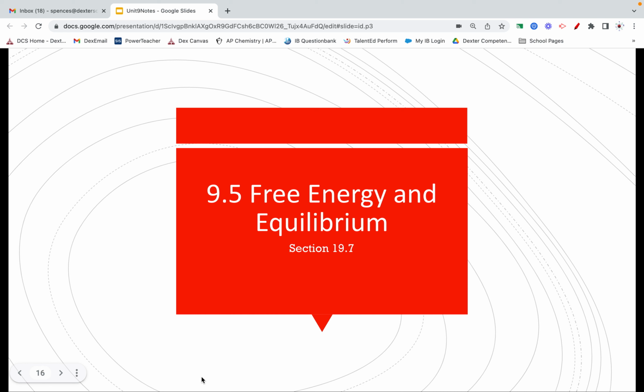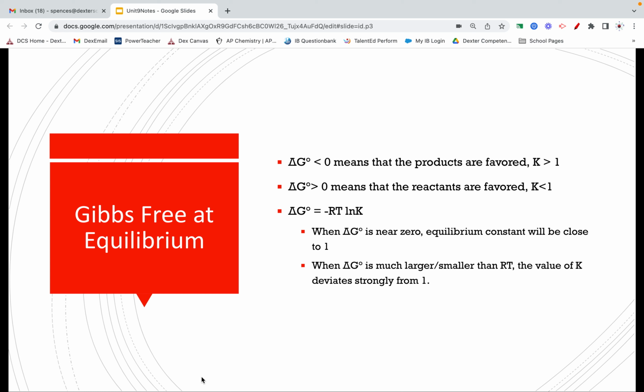Okay, free energy and equilibrium. So how does this tie in? At equilibrium, our Gibbs free energy is going to be 0. We could also talk about when delta G is near 0, equilibrium constants will be close to 1. When delta G is much larger or smaller than RT, where R comes from our gas law constants, the value of K is going to deviate from 1.